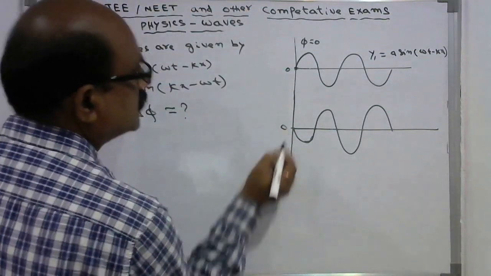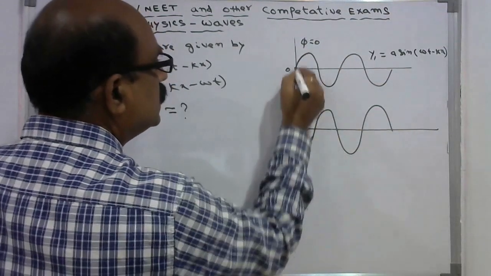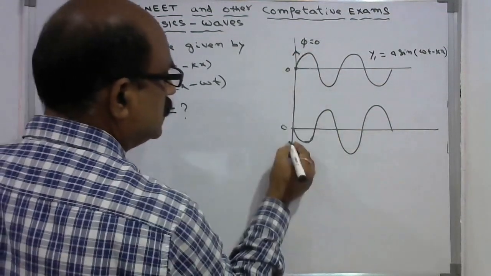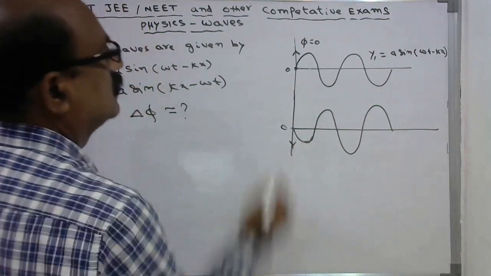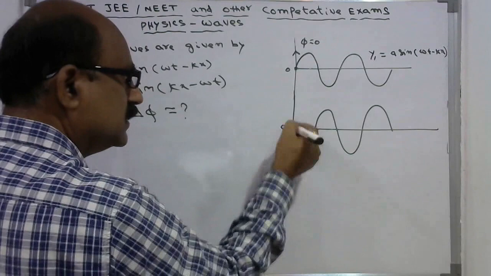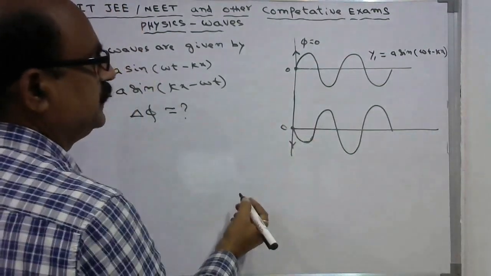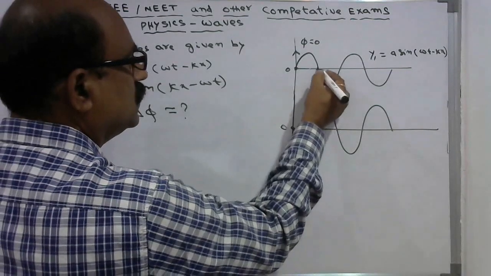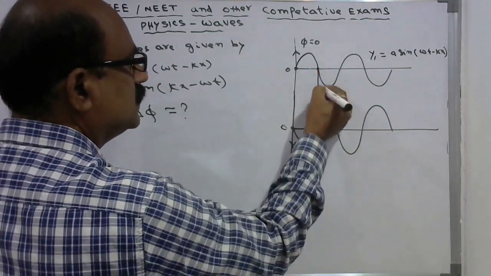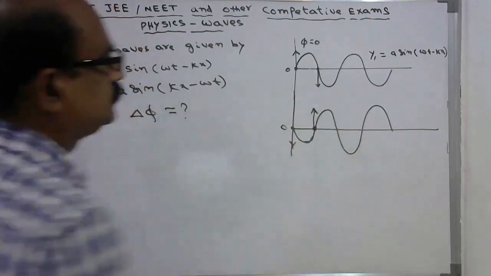So here initially phi is 0, and for these two, when the particle is moving in this way, here the particle is moving in the opposite direction at this point initially. If at this point the particle is moving this way, the particle at that point moves the other way.